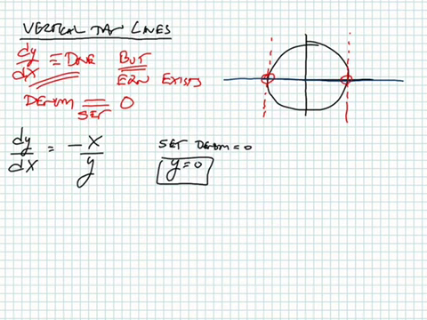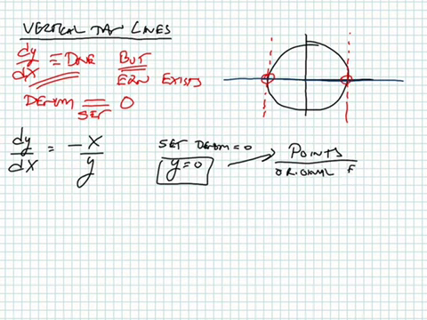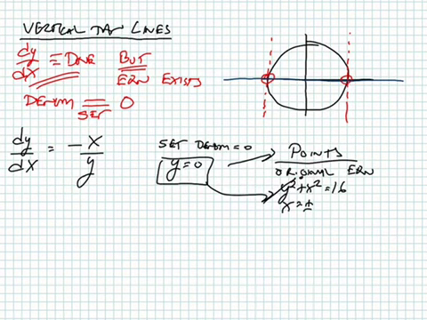Where were we? Okay, so I found that the vertical tangent lines are at y equals 0. So to find the points, I'm going to put this into the original equation. My original equation for the circle was y squared plus x squared is equal to 16. And if I put the 0 in for y, I just get x squared is equal to 16, or x is equal to plus or minus 4.